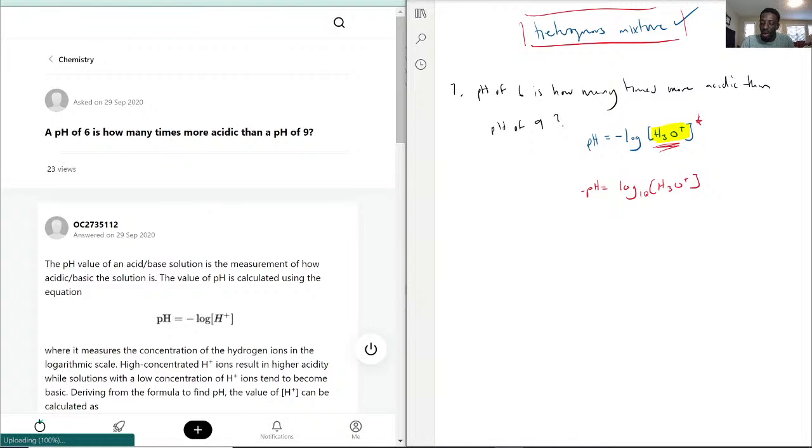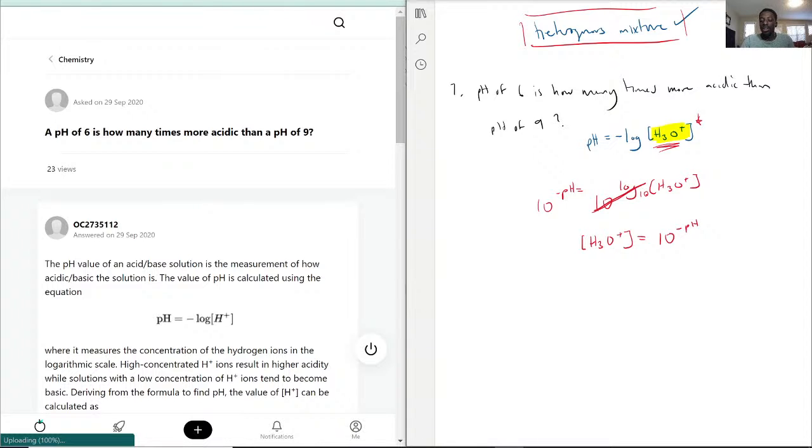So in order to get rid of that, you have to put everything to the power of 10, but make sure you put it in the right spot. So it'd be 10 to the power of all this, and then this would cancel out. So now we're left with the concentration of H3O, aka how many times more acidic, is equal to 10 to the power of negative pH.